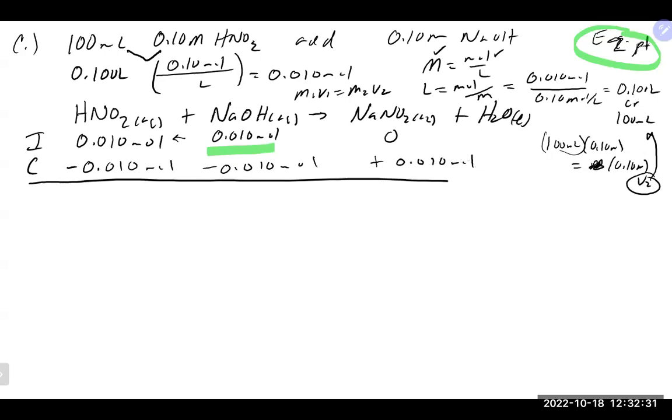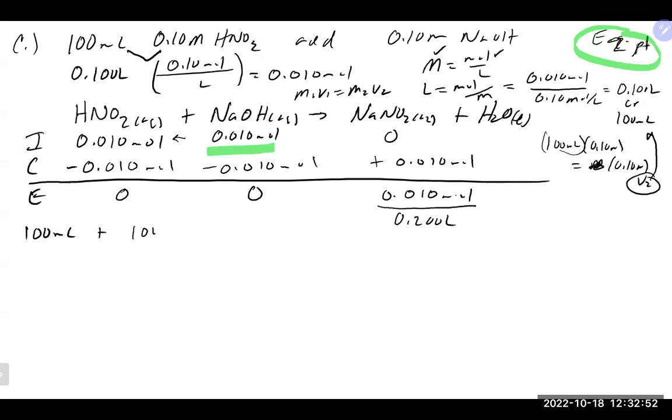That means when we do reach equilibrium here, we got nothing here, nothing here. We do have 0.01 moles here. We once again are going to convert back to molarity by dividing by 0.2 liters in this case. And that is because we started with 100 milliliters of the acid.